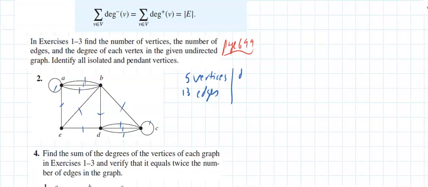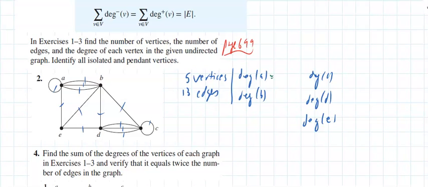Well, here, degree of A, degree of B, degree of C, degree of D and degree of E. So degree of A, specifically for A: 1, 2, 3, 4, and this loop counts as 2.